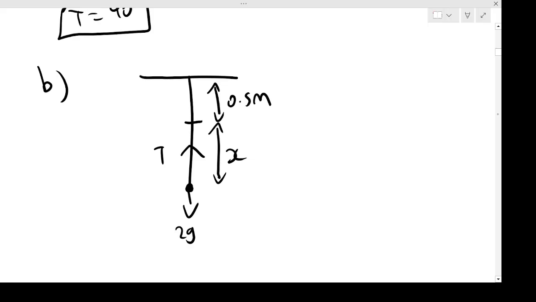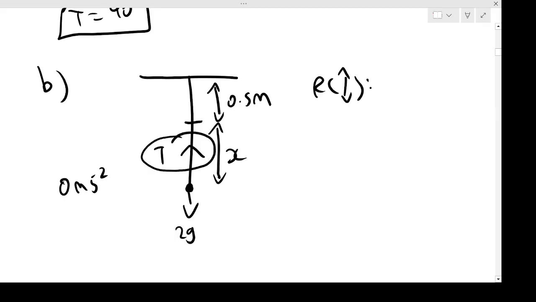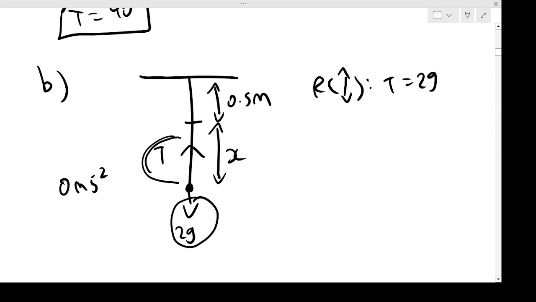I know for definite because, as I discussed, the acceleration is 0, which means if I resolve up and down, T, the force in the string, has to equal 2g. So they have to be in opposite directions for the acceleration to be 0, okay? The forces have to cancel out for that to happen. So I know for definite the weight has to act downwards, so therefore the tension has to act upwards to counter it to 0.